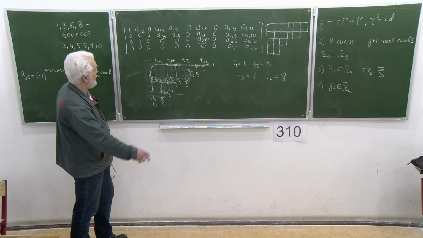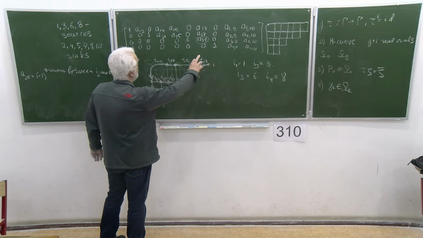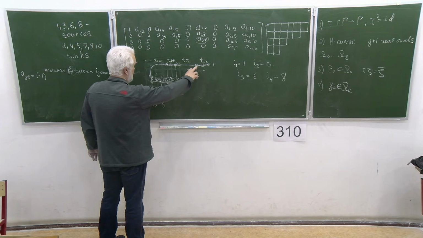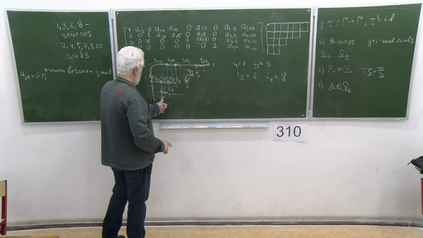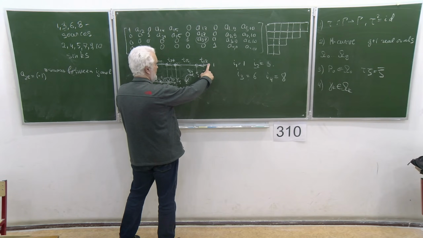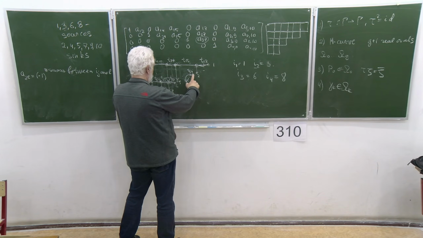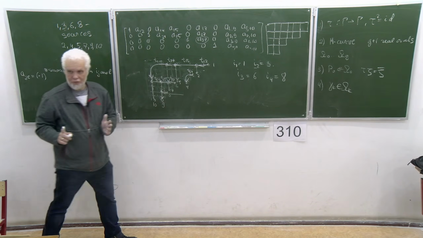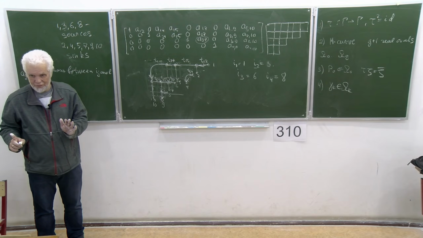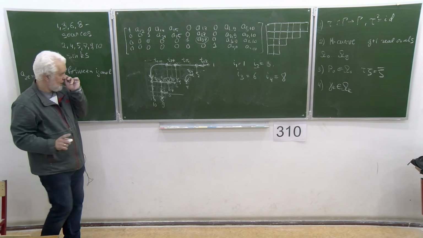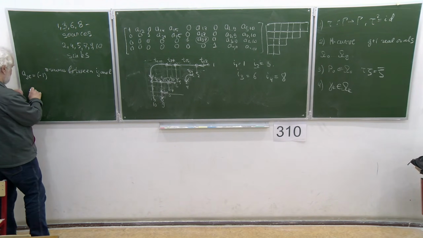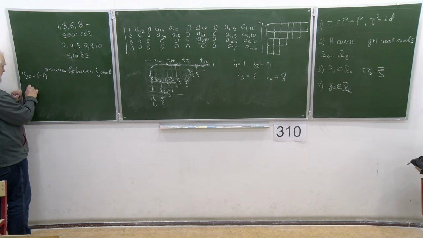Okay, for example, A19. How to calculate the sign of A19? You take this, and see how many sources are between. 3, 6, 8. 3 sources. You understand the rule of sign. Between what and what? Between ij?